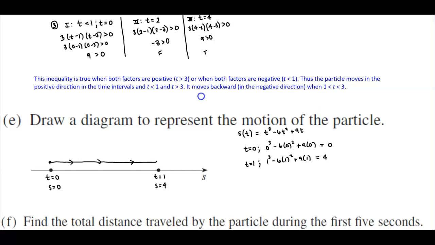Now what happens when t is equal to 2? If we plug in 2, that's 2 cubed minus 6 times 2 squared plus 9 times 2. When t is equal to 2, the output is 2. So what that means is we're going to have to start going back in this direction.